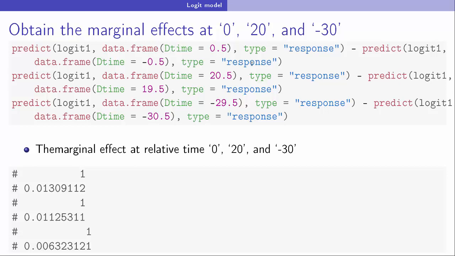If I want to evaluate at 20, I go to 20.5 minus the predicted value at 19.5, and that gives me the marginal effect. So the marginal effect is the change evaluated at 20 minutes, and similarly if I was to do it at 30. So what I guess you can see here is when these are all far away from the midpoint, when I'm down here, the marginal effect is very, very small.